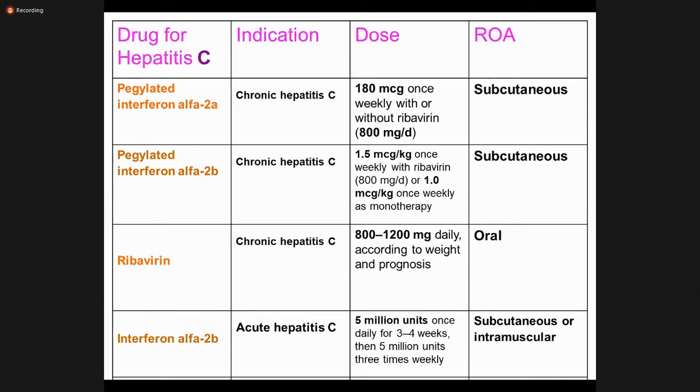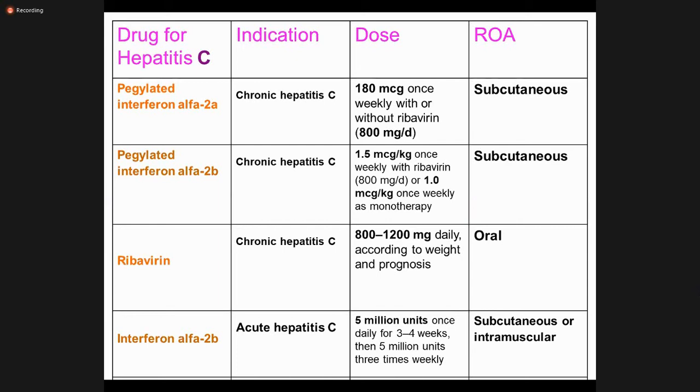In that case, you can see interferon alpha 2b can be used in the treatment of acute hepatitis C. But the concept is that usually we suppress the further multiplication of the virus. So generally, we use the drugs in the treatment of chronic hepatitis. So pegylated interferon alpha 2A, 180 microgram once weekly, with or without ribavirin. So this is important.